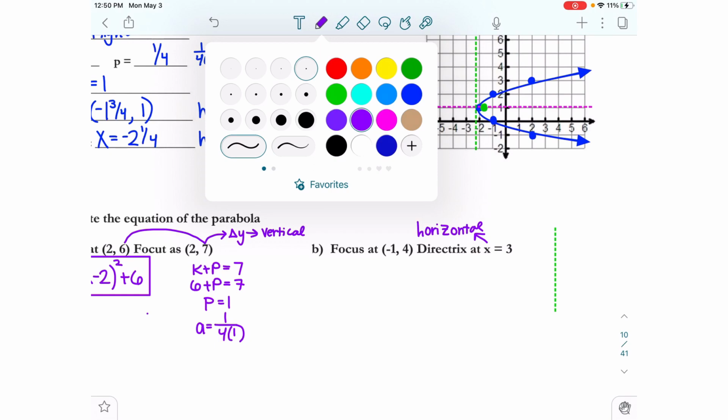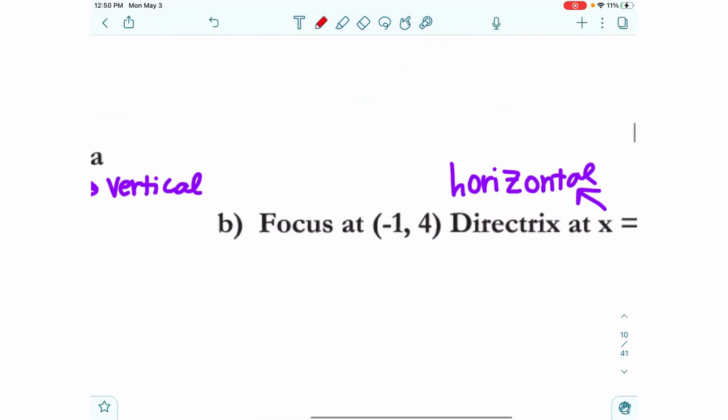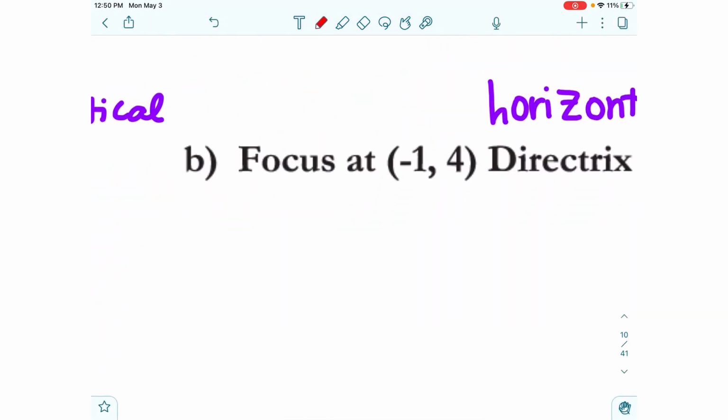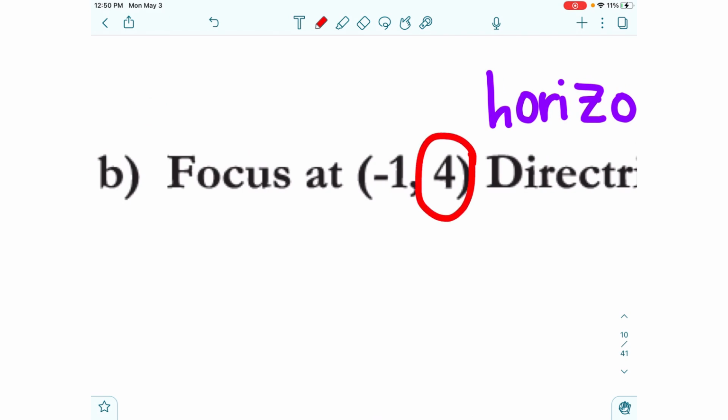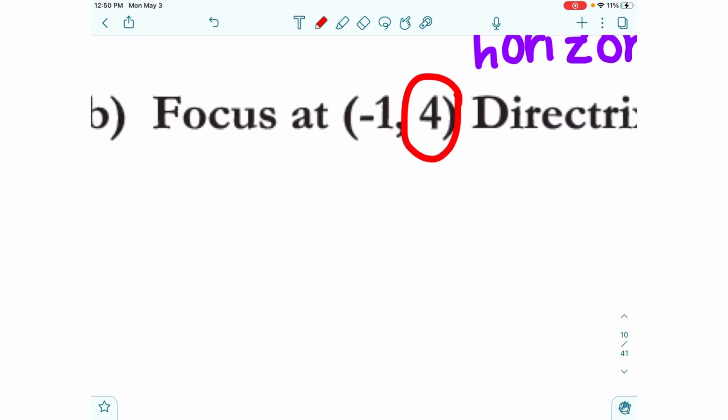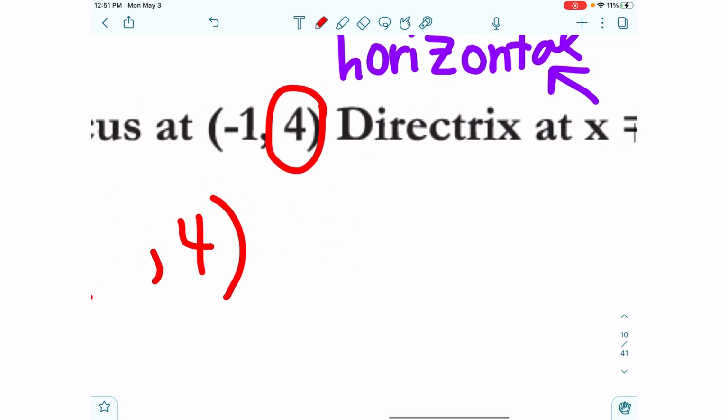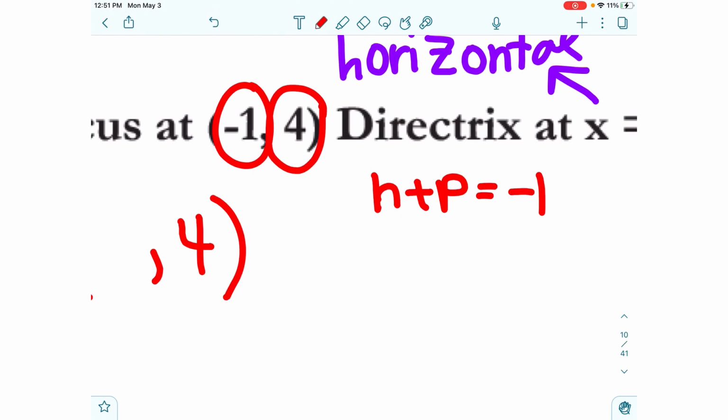So we know, since this is horizontal, that the y value of the focus is going to be the same as the y value of the vertex. Now I know that, not k, h plus p has to equal -1. That's the x value of the focus.